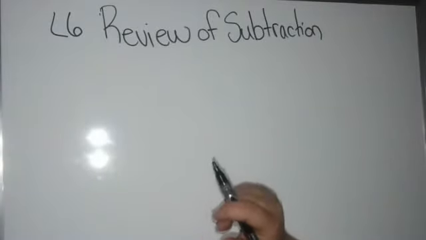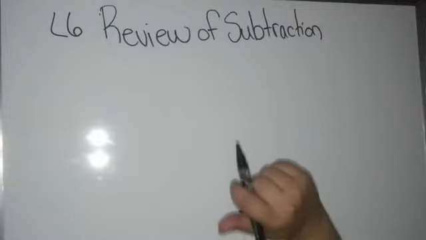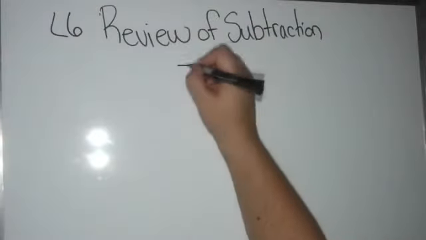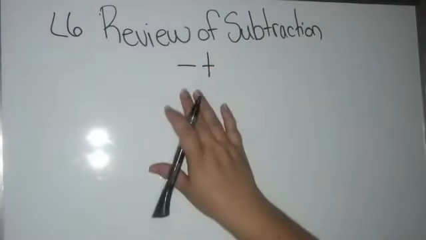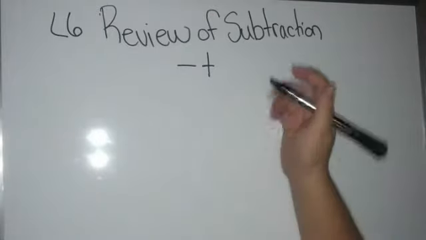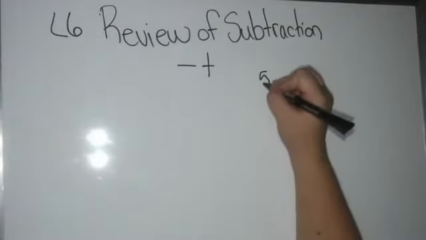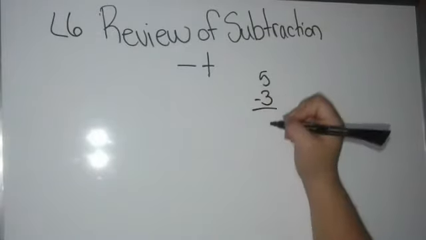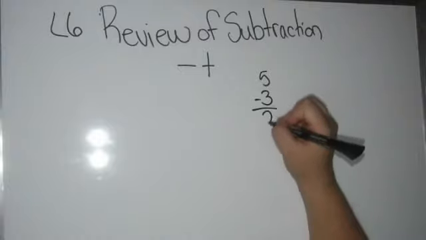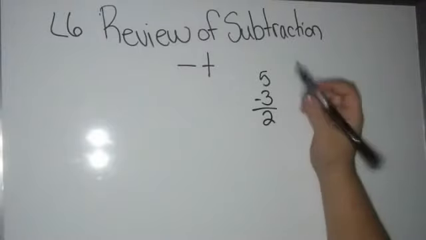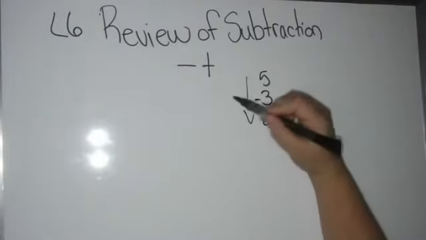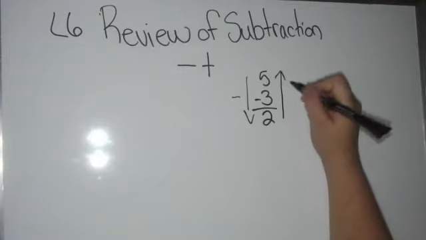When we're subtracting, we have to remember that the inverse, again, is adding. Subtraction and addition are opposites or inverse of each other. So if I am subtracting and saying 5 take away 3 equals 2, then if this way is subtraction, that means this way must be addition.